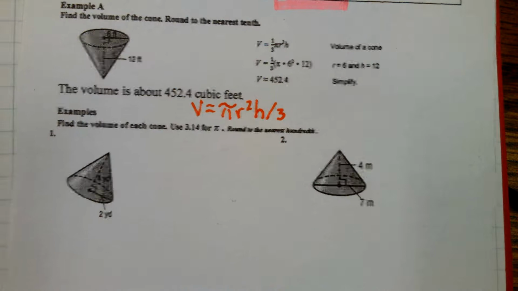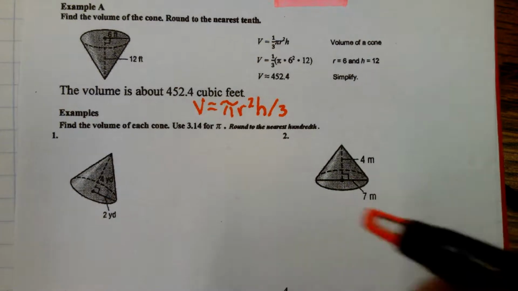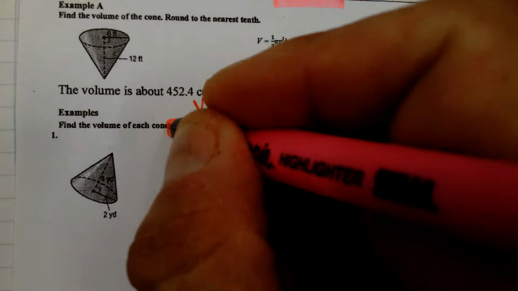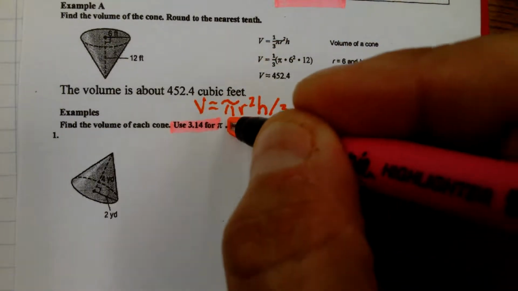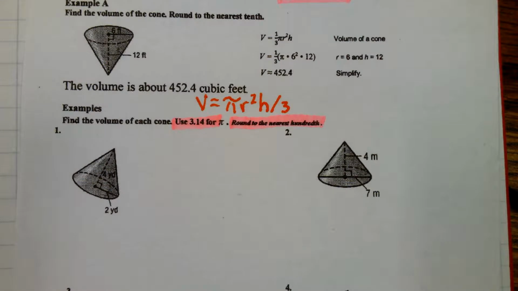So here we go. We're going to find the volume of some cones here, 4 of them. For pi, we're going to use 3.14, and then we're going to round to the nearest hundredth. So that's going to be 2 decimal places.